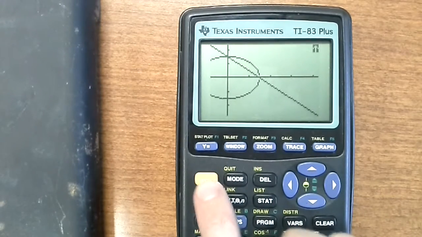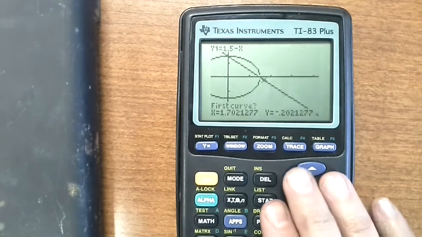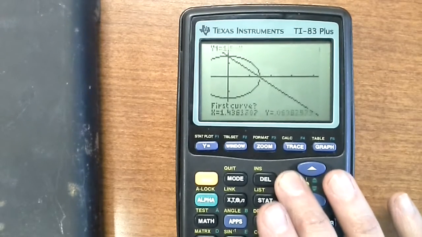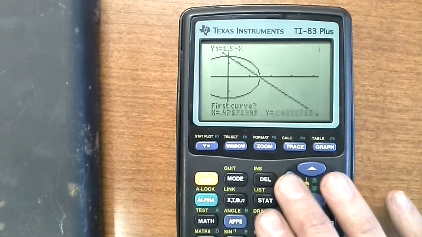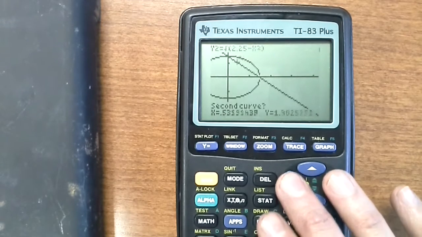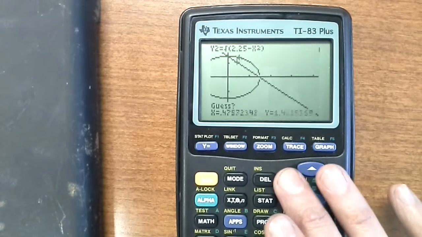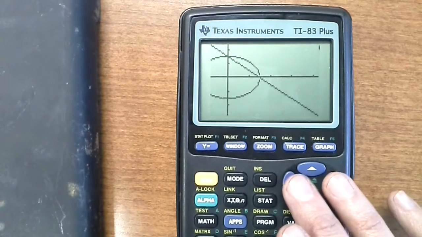So second, and then trace, and the intersection. And let's do this upper one first. So we need to pick the two graphs that are intersecting. So the line first, and then I'm on the curve, so that's good. And then my guess is going to be that it happens right around here.